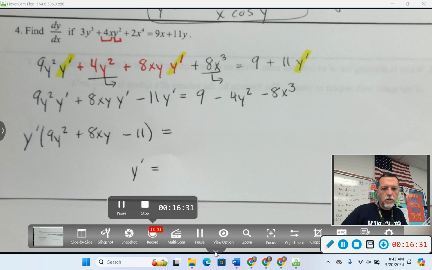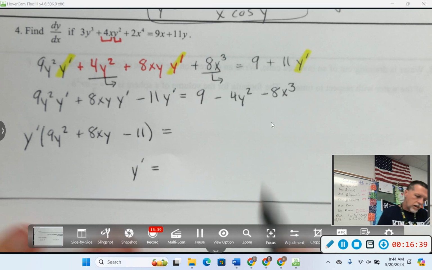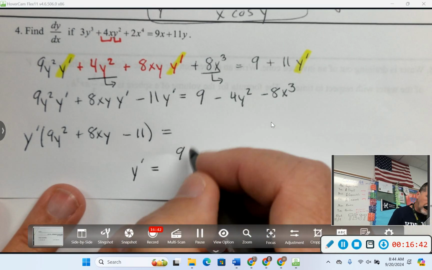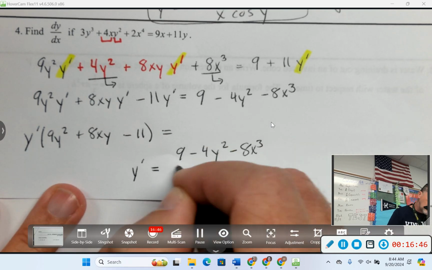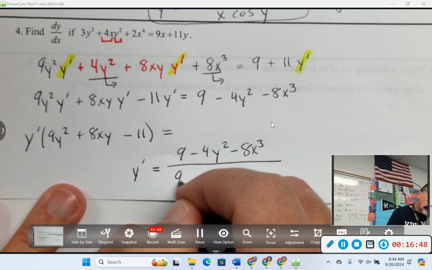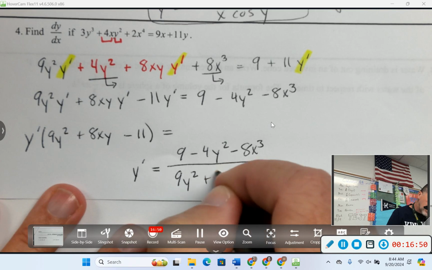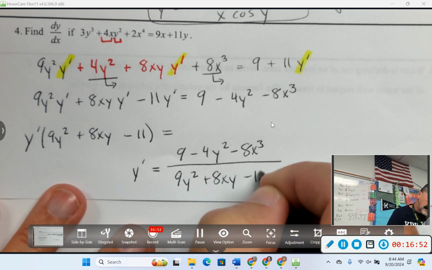I'm not going to write that numerator again. Just 9 minus 4y squared minus 8x cubed all over 9y squared plus 8xy minus 11.